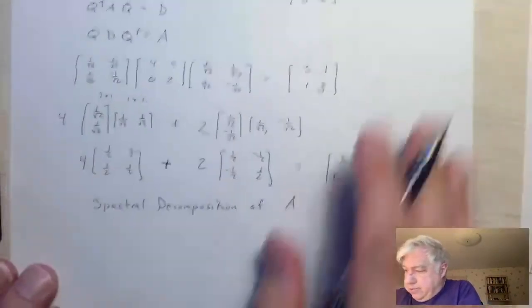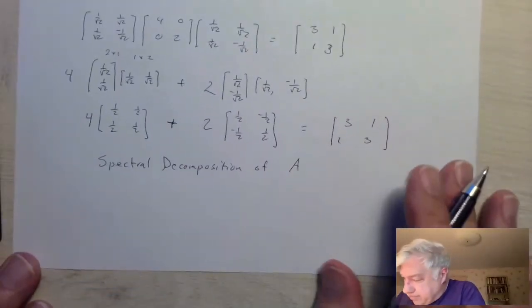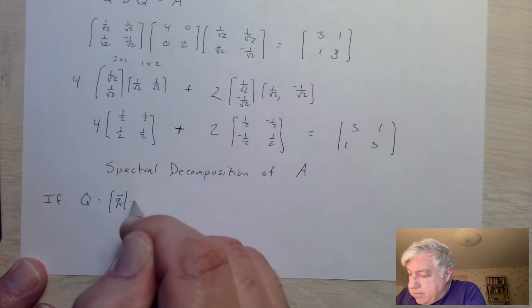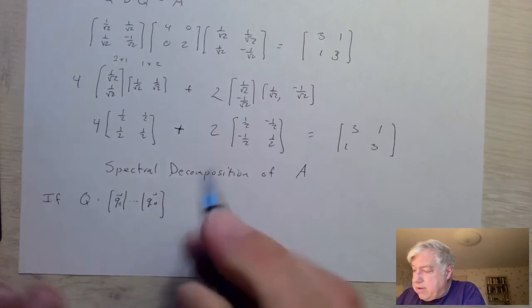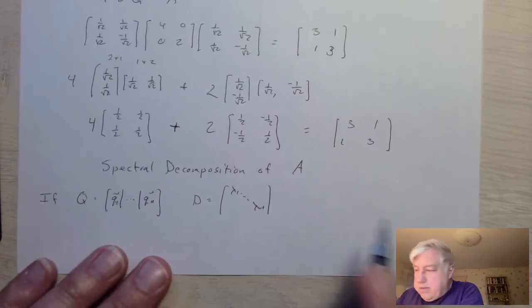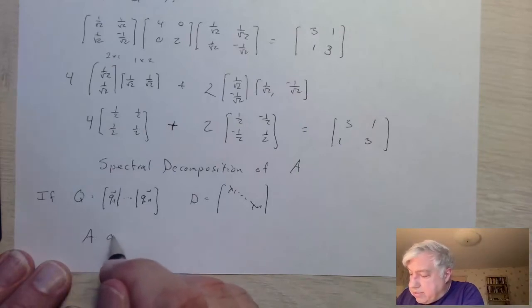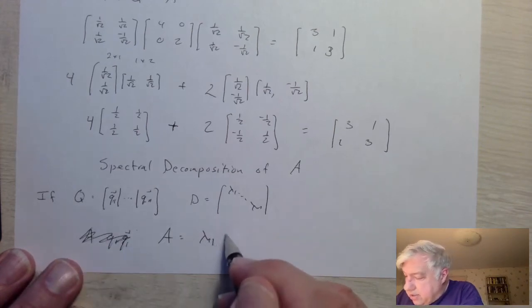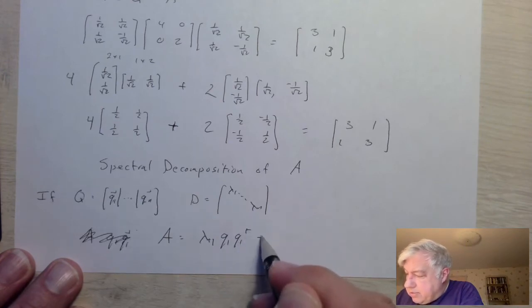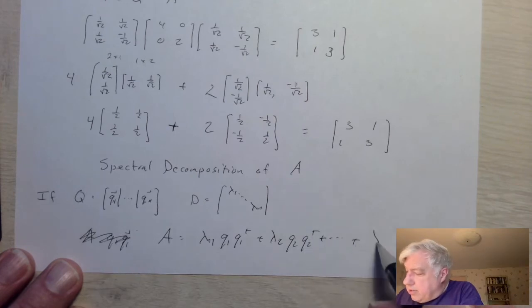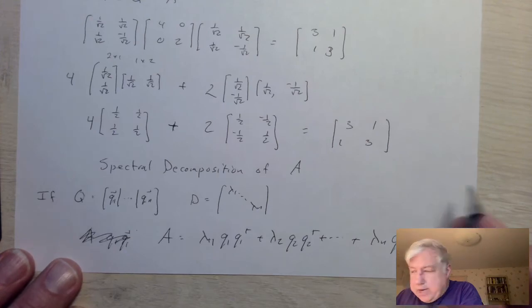And the general formula is that if Q can be written as Q1 through Qn, and D is lambda 1 through lambda n, then A will be lambda 1 times Q1 Q1 transpose plus lambda 2 Q2 Q2 transpose, all the way to lambda n Qn Qn transpose.